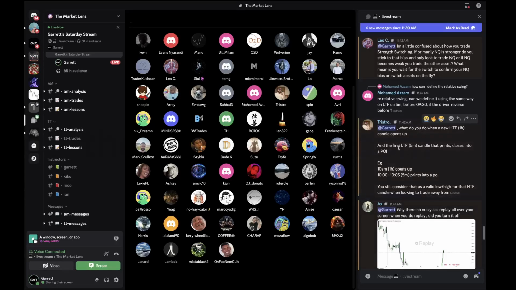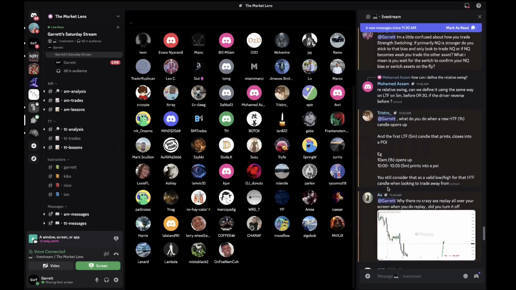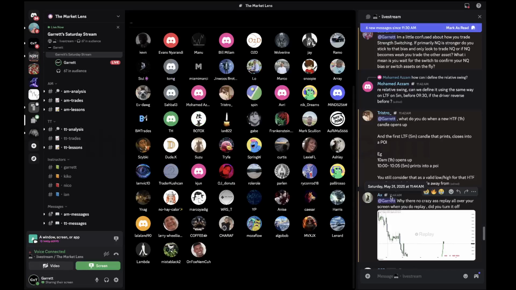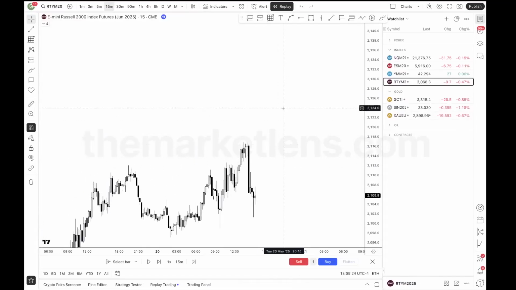I don't understand this question, I think. What do you do when a higher time frame 1 hour candle opens up, and the first lower time frame 5 minute candle that prints closes into a POI? Wouldn't that be good? Am I picturing this wrong?